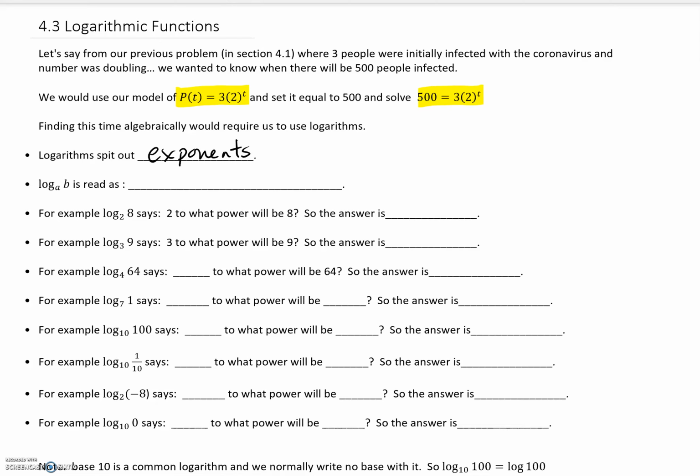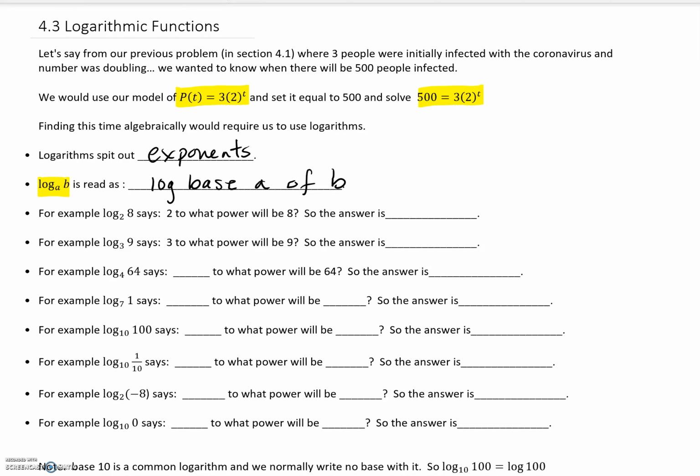The expression log base A of B, that's how you read it, will spit out an exponent. Here's what I mean.